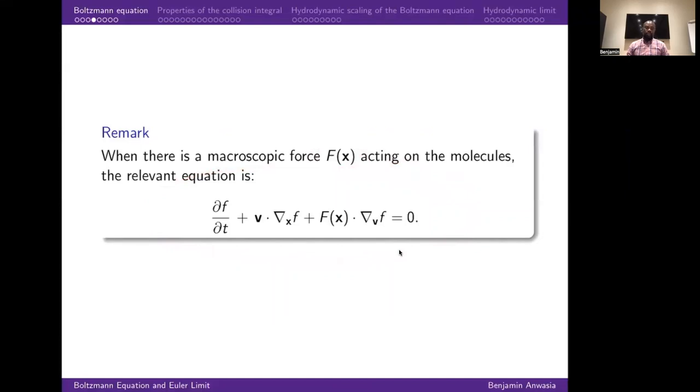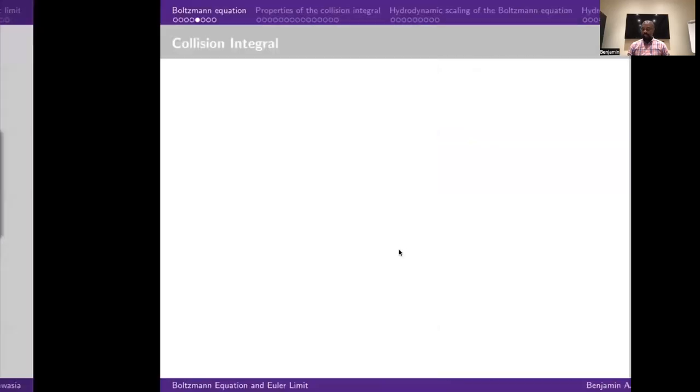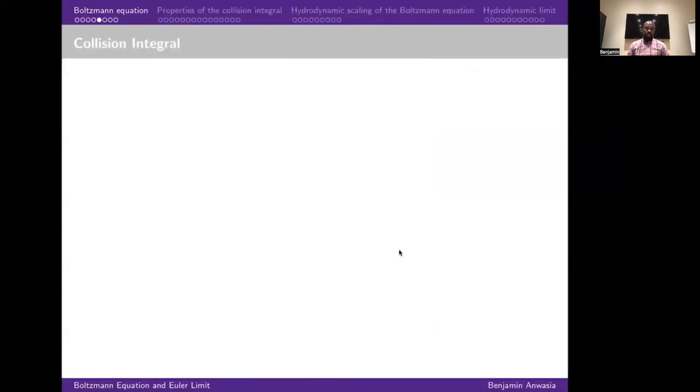Now, to describe how the velocity distribution function changes as a result of collisions between the molecules, Boltzmann used the following assumptions. 1, only binary collisions between the molecules are considered.